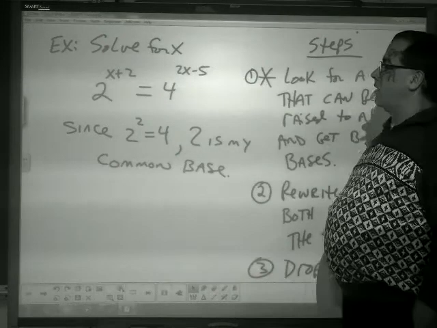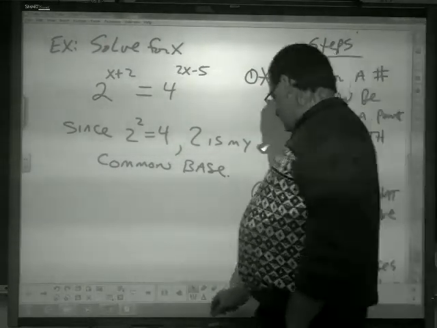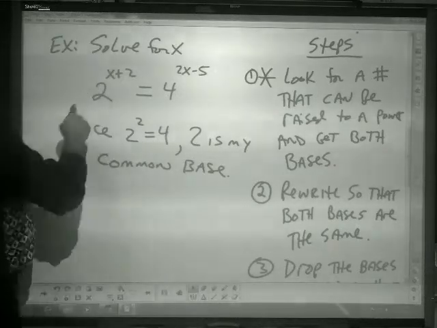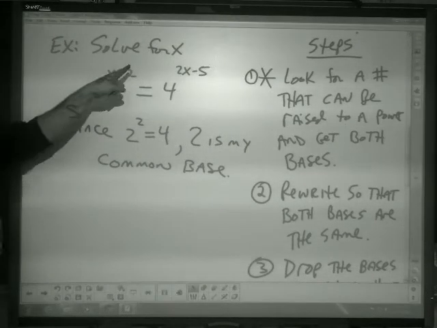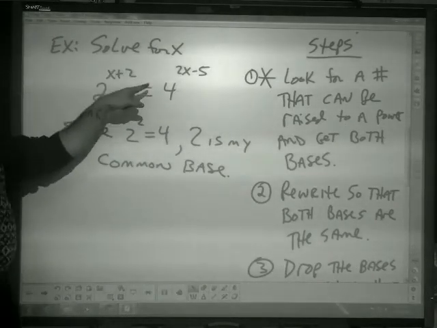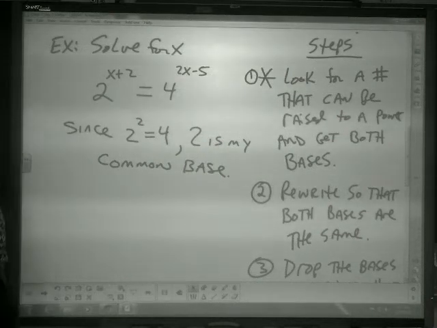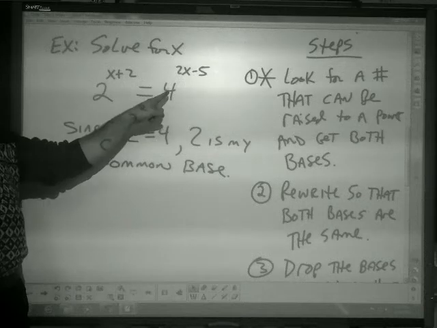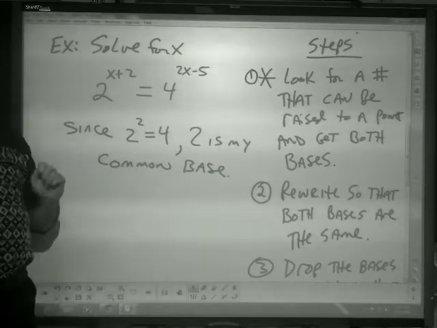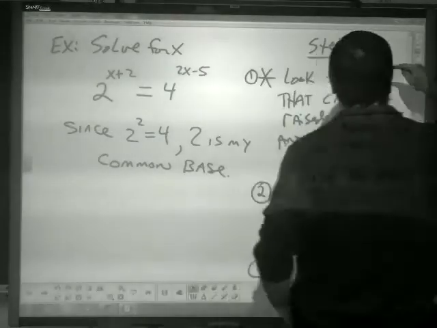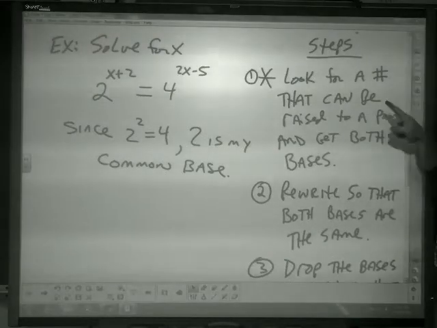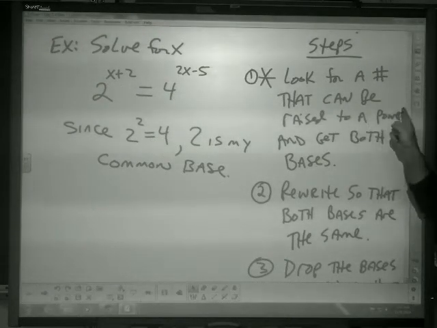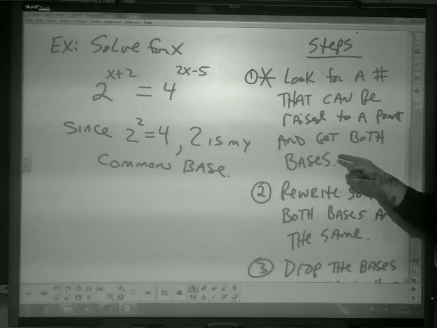So a problem might start out, it might say solve for x. Okay? So here's the problem. 2 to the x plus 2 equals 4 to the 2x minus 5. These bases are not the same. So the first step, we have to look for a number that can be raised to a power and get both bases.